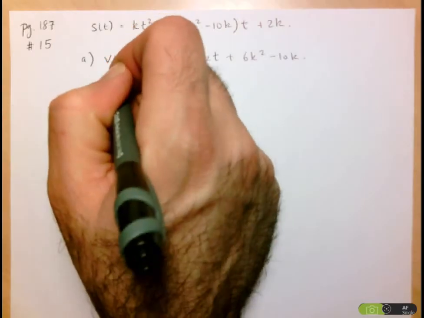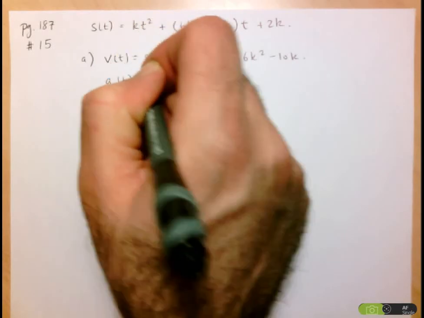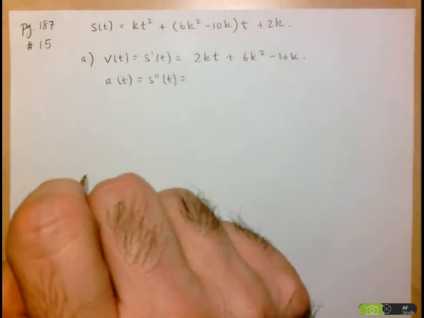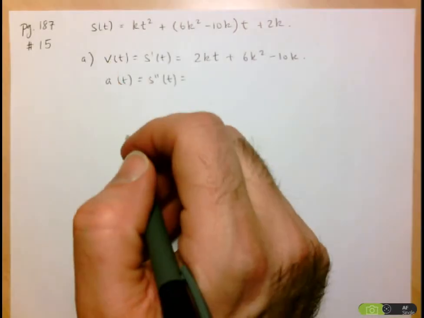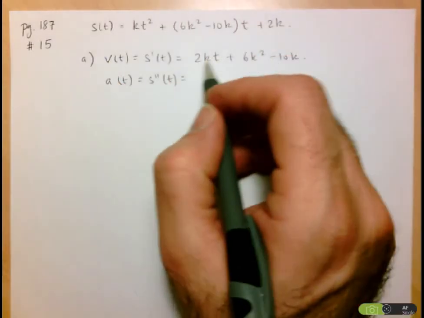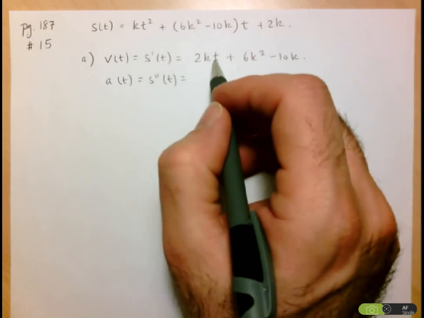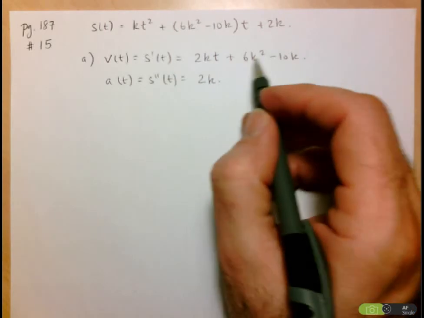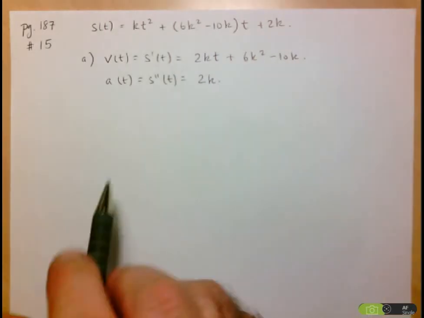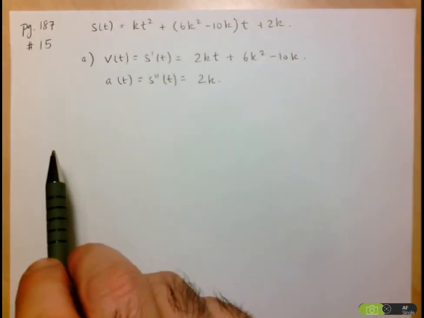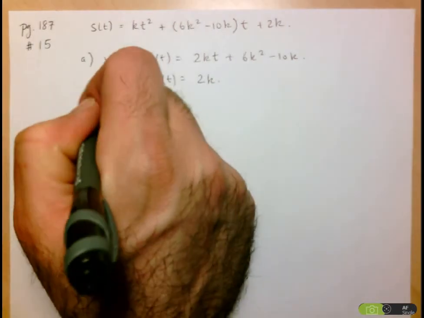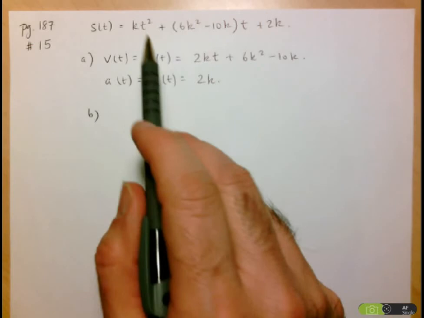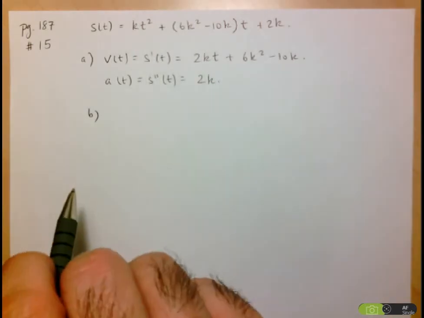And then when I take the acceleration, which is the second derivative of the position function and the derivative of the velocity, the only term that remains is this first one. Derivative of t is 1, and here my constant 2k. Okay, and these are all constants, so the derivative is 0. So here we've shown that the acceleration is constant. Okay, so don't get fooled by all these k's here. They're all constant. The t is the only variable to work with.